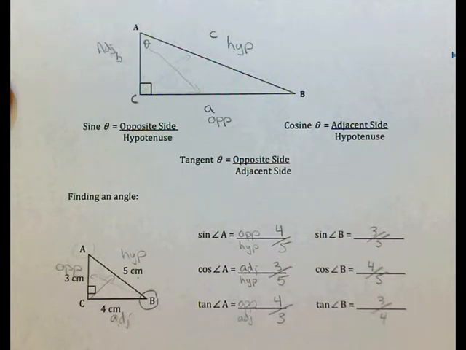You can see if we compare A's to B's that sine and cos has simply flipped. And my tangents have also flipped. So this is how we take a triangle, label it, and get our ratios. Now let's take a look at how to actually solve for angles and sides.